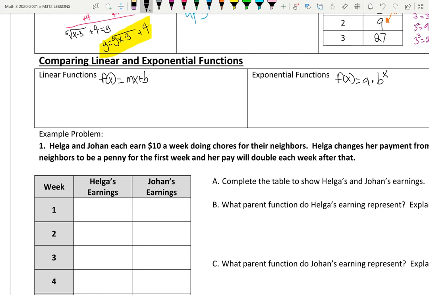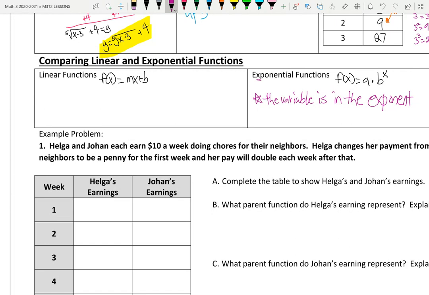Notice in an exponential, the variable is in the exponent. Something I like to think about: the x is in the word exponent.